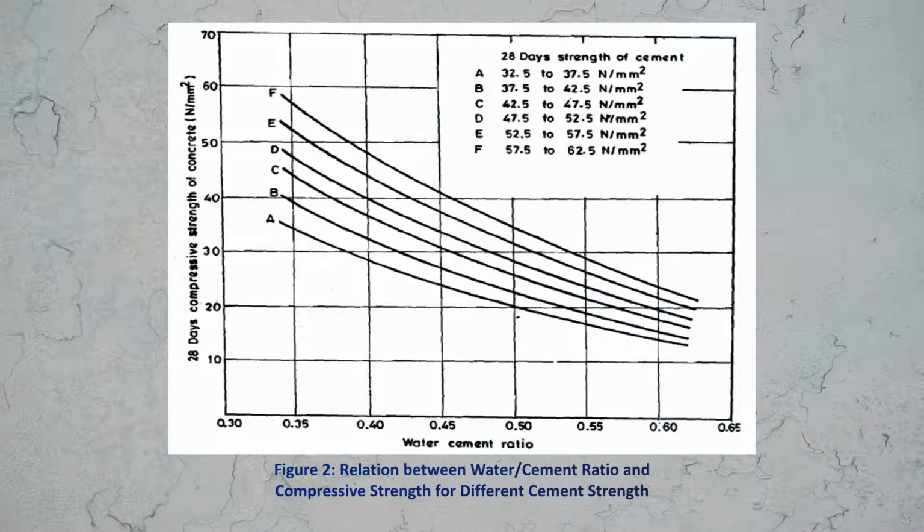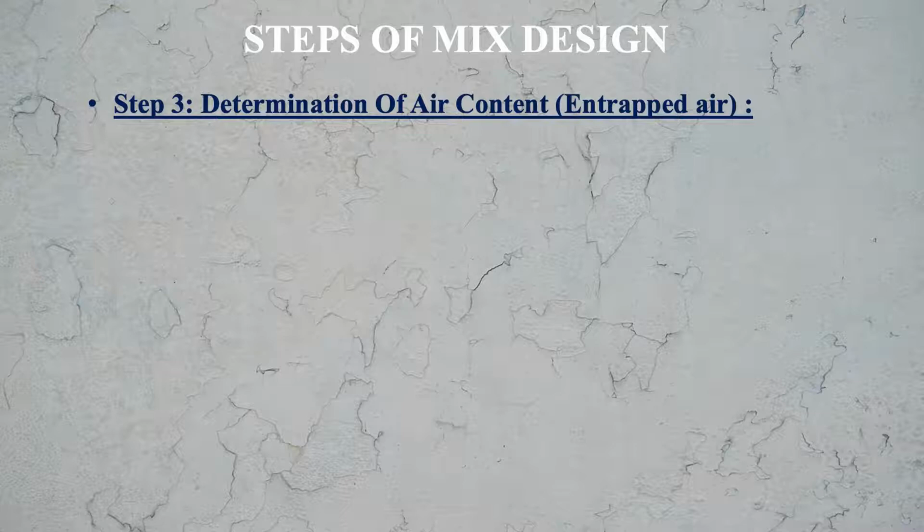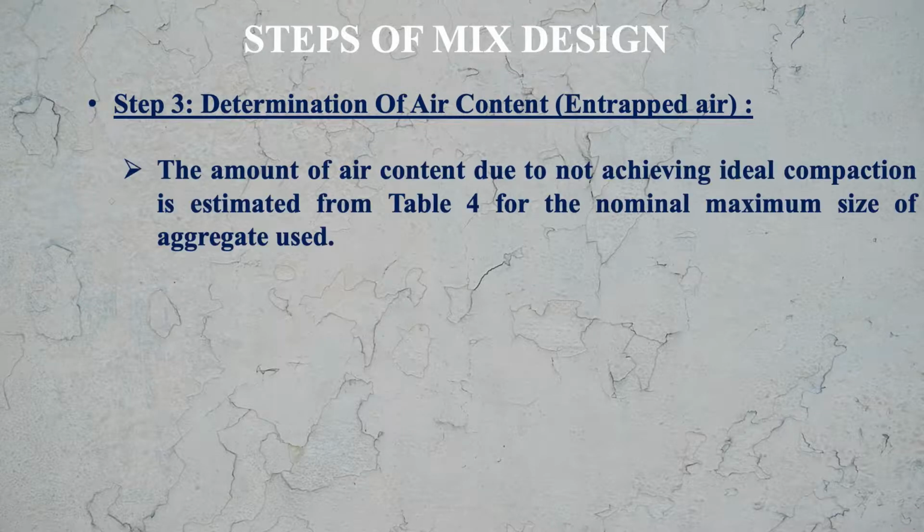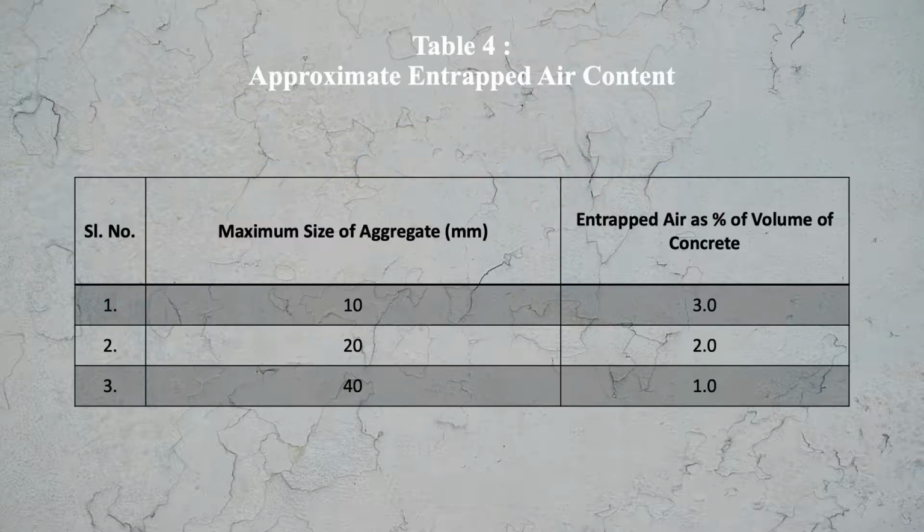Now next, step 3 is determination of air content, that is entrapped air. The amount of air content due to not achieving ideal compaction is estimated from table 4 for the nominal maximum size of aggregate used. Here you see table 4, which gives the approximate entrapped air content if full compaction is not achieved.